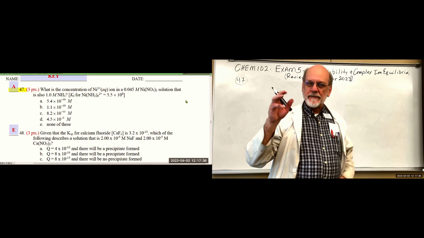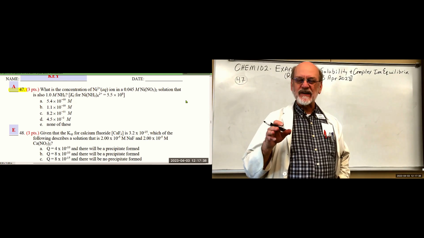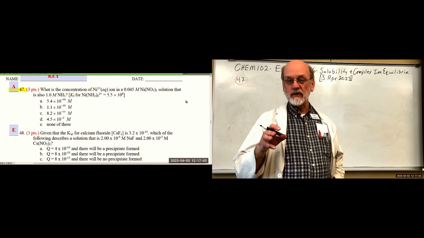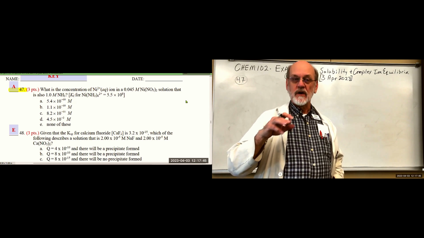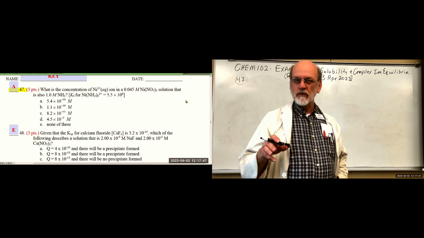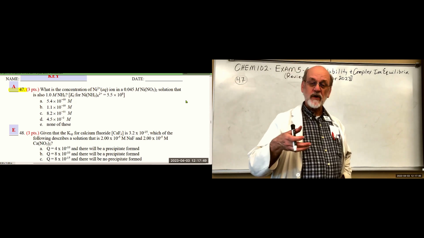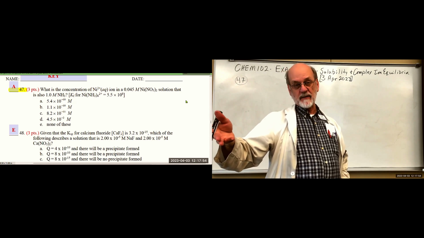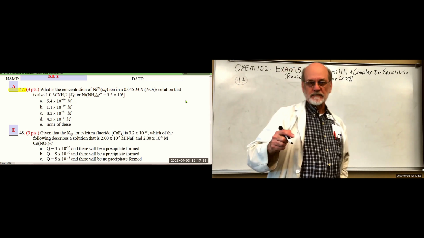Okay, what does the problem say? What is the concentration of nickel ion in a 0.045 molar nickel nitrate solution that is also 1 molar ammonia? So we're forming a complex ion, and we want to know how much of the nickel is not part of the complex ion, right?